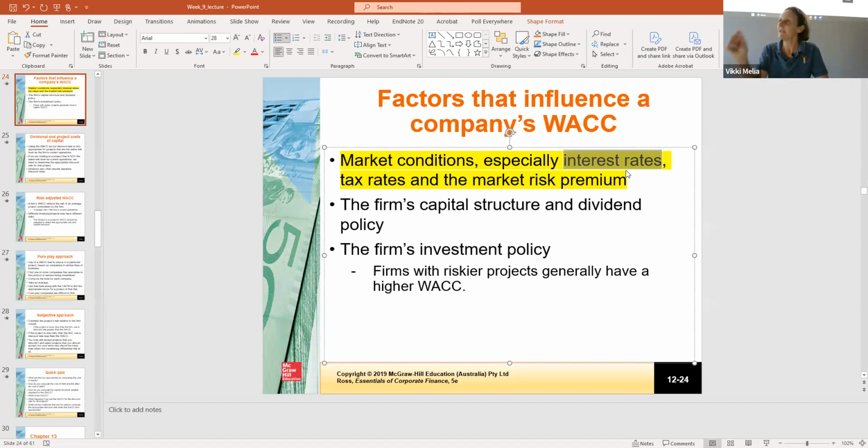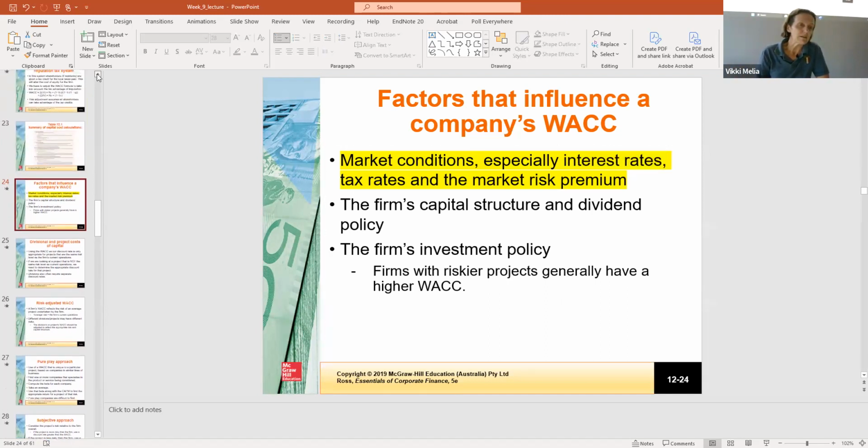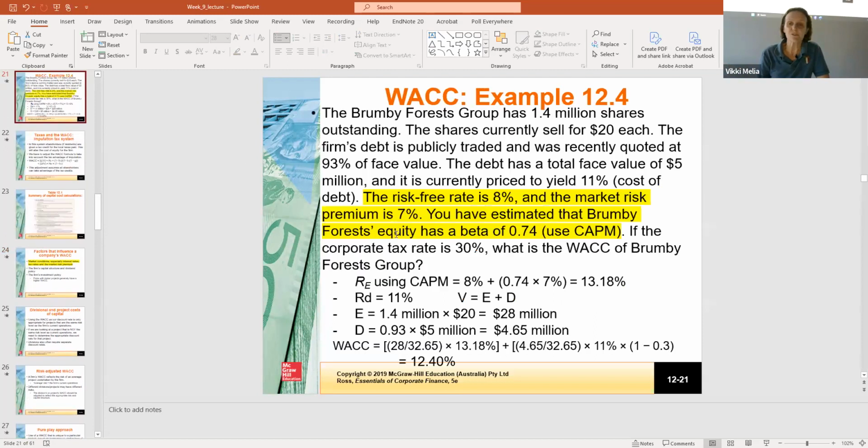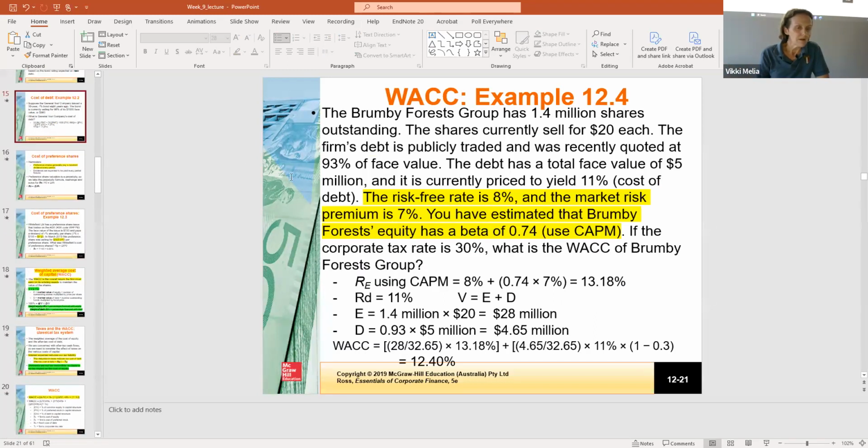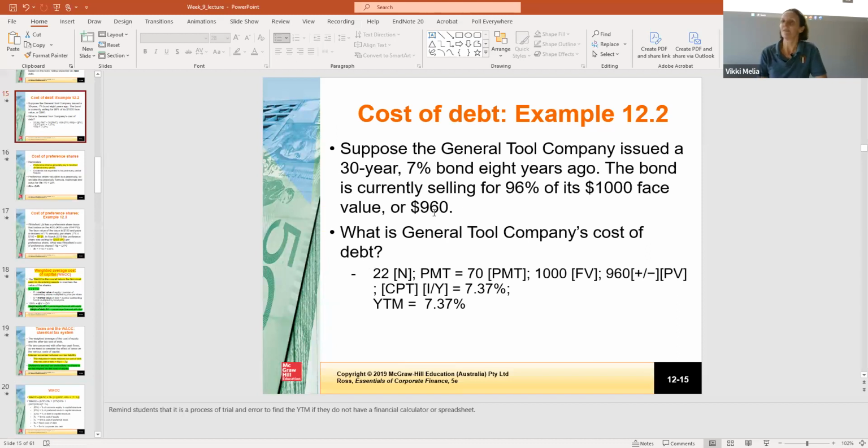If interest rates go up, the cost of debt will go up as well. That will impact on your weighted average cost of capital.